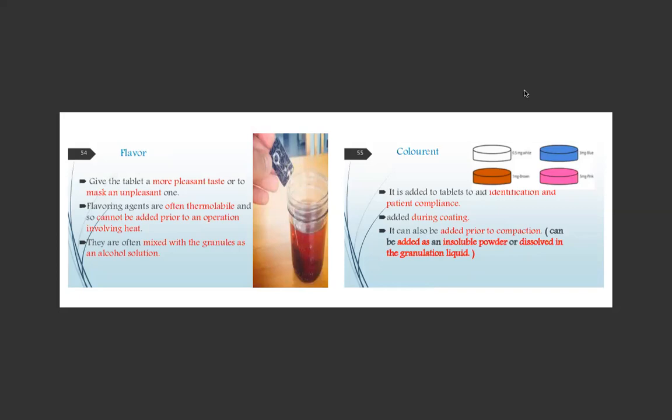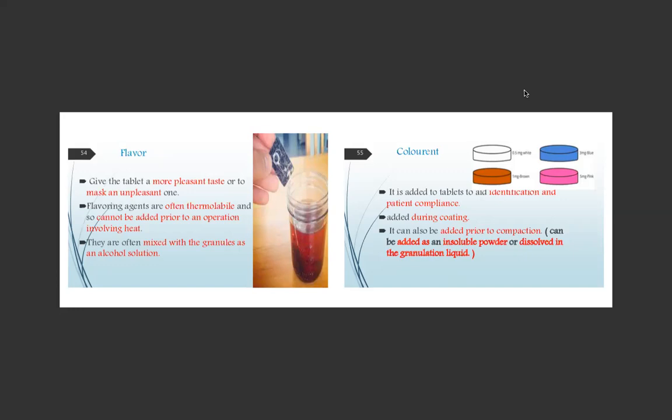So basically you make it more palatable, more pleasant. That is why we add flavors. Many natural flavoring agents, you can give examples like rose, strawberry, muskmelon, and mint. Many flavoring agents are naturally available.